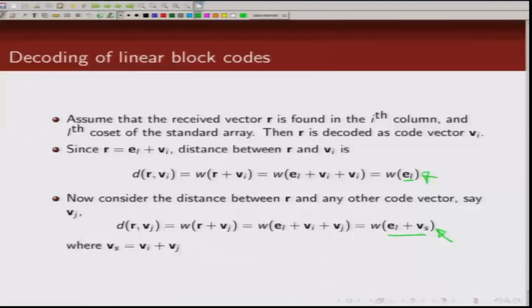And if we choose El to be our coset leader which has minimum number of ones, then this would be less than this. So, our minimum distance decoding will decide in favor of Vi and not any other code word Vj.